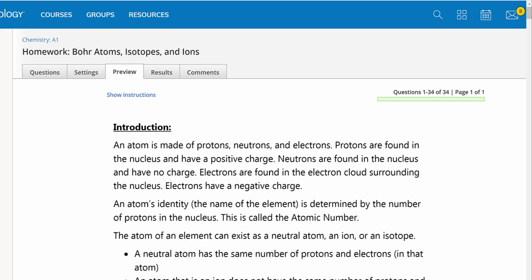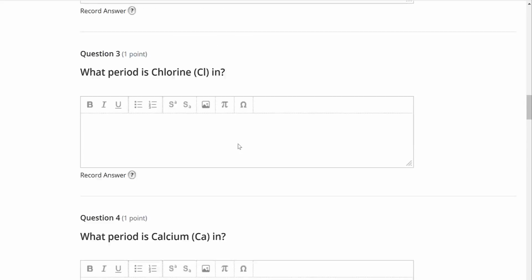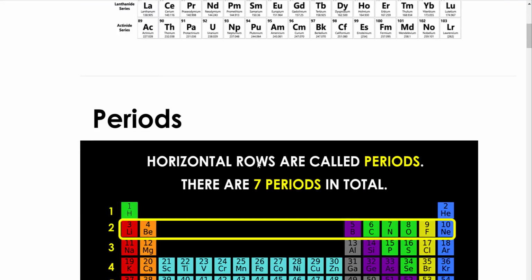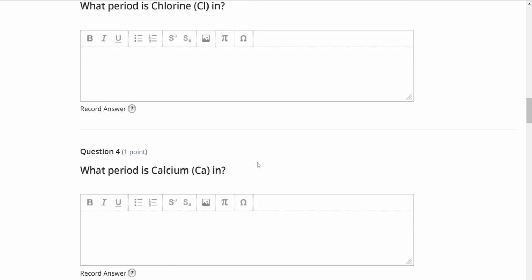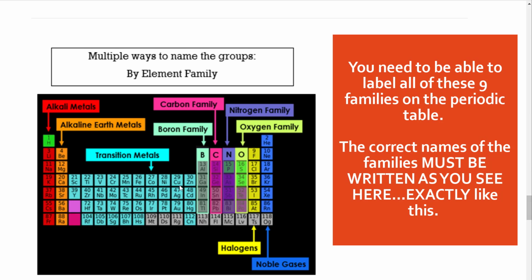And then also in the homework assignment groups and periods, if you go to the end of this homework assignment, the family names for the elements on the periodic table.